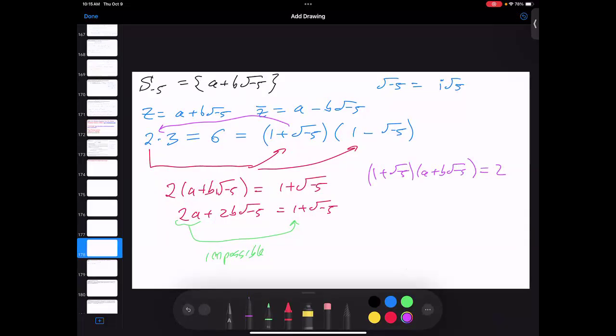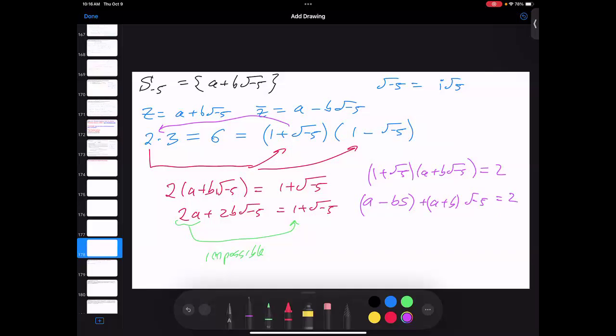Well, if I multiply things out, I'm going to get a minus b times 5 for the real part. And then I'm going to get plus (a plus b) square root of -5, and that equals 2. Because the square root of -5 times the square root of -5 is -5.